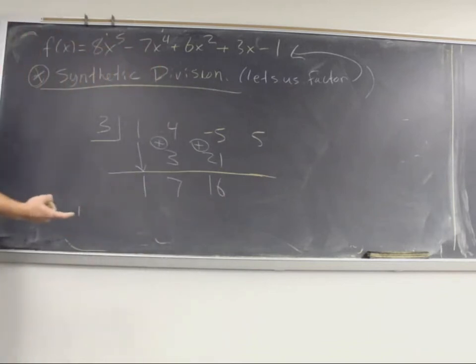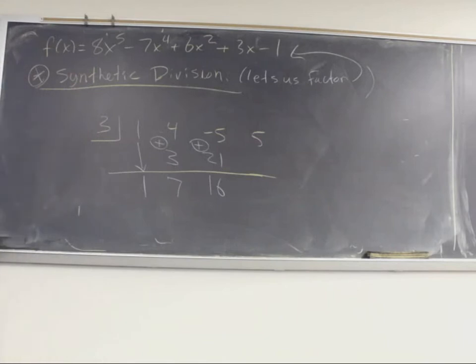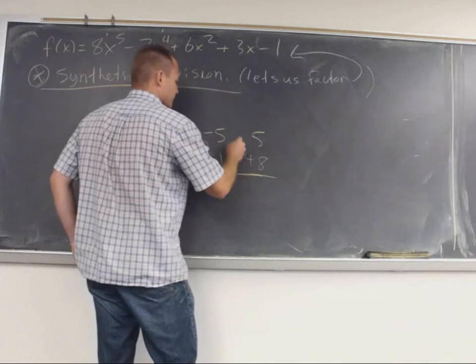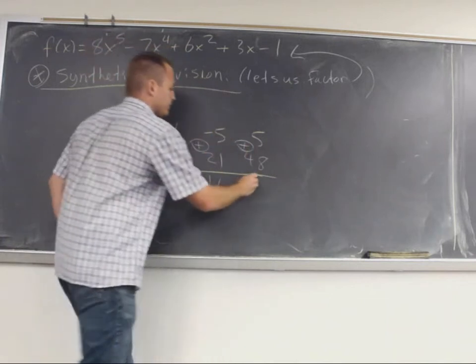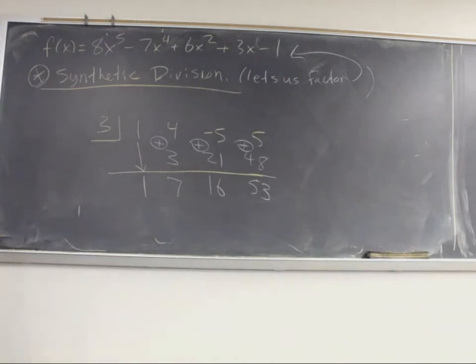Then when you have a number below the line, you multiply it by what's in the box. 16 times 3 is 48. Always add down, gives you 53. All right, so that's the setup, and that's the process of how to do it.